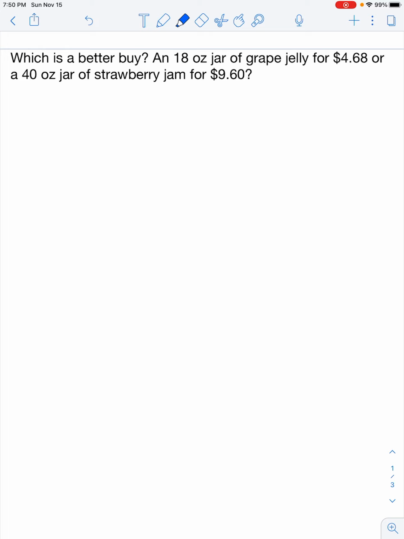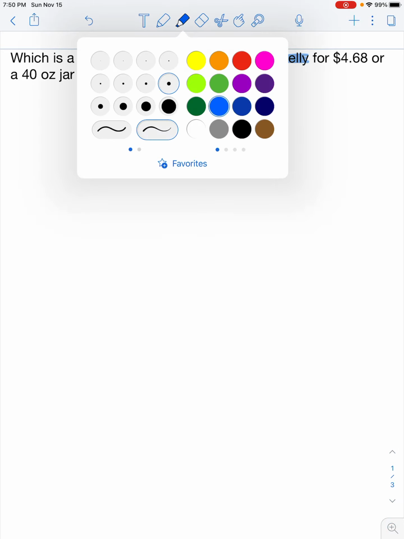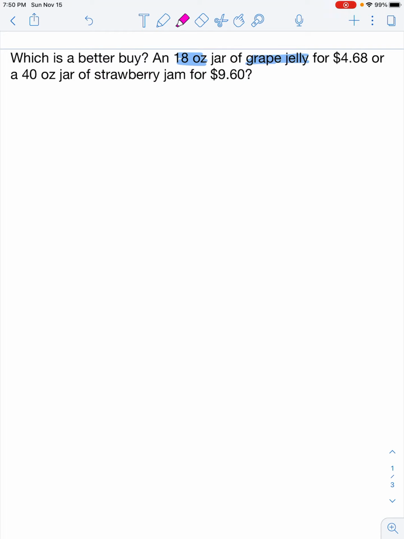We are comparing an 18-ounce jar of grape jelly to a 40-ounce jar of strawberry jam. Okay, and the strawberry jam is going to cost $9.60, and the jelly is going to cost $4.68.